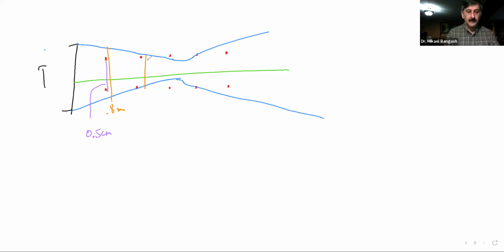Here is going to be 0.6 of a centimeter. Here, we can say, 0.4 centimeter. Again, here it is 0.6 centimeters. And here again, let's say it's 0.8 of a centimeter.